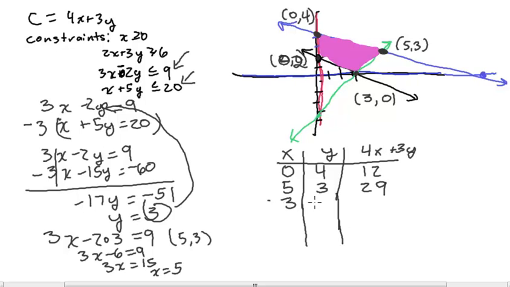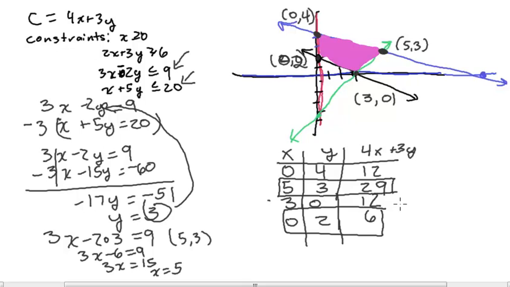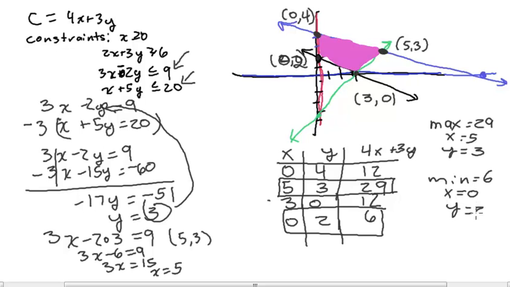Then for 3, 0, I get 12 again. For 0, 2, I get 6. So this corresponds to my minimum, and this corresponds to my maximum. So my max is 29, and that happens when x equals 5 and y equals 3. My min is 6, and that happens at x equals 0 and y equals 2.